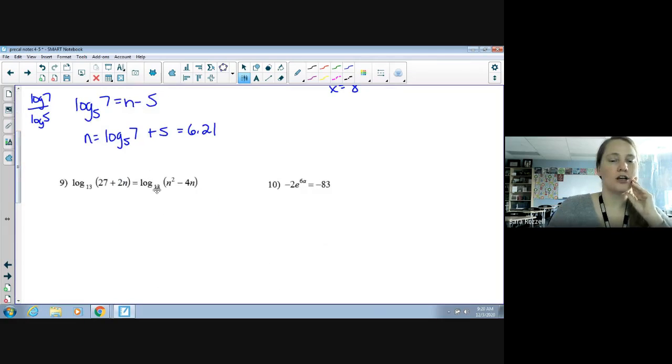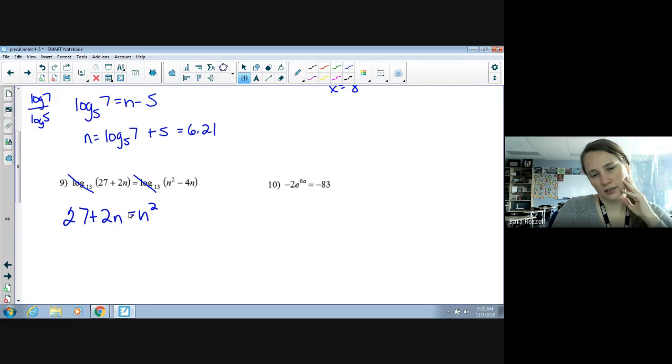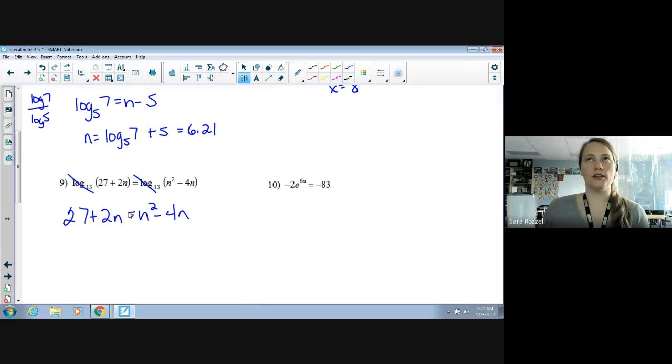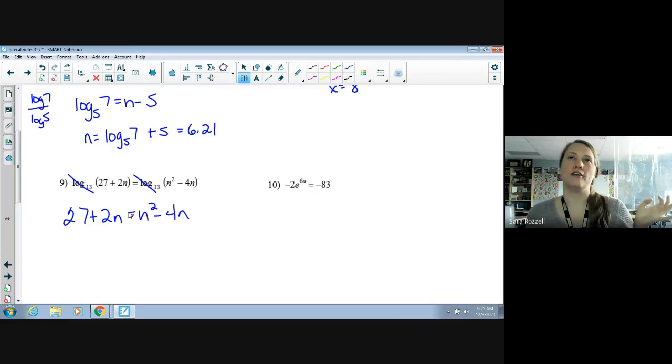Do we have log equals log in this one? Yep, so see you later. 27 plus 2n equals n squared minus 4n. I put this one in your problem, and there's some in your homework like this, just to remind you that if you have something squared in a problem, you want to move everything to one side and try to factor it.